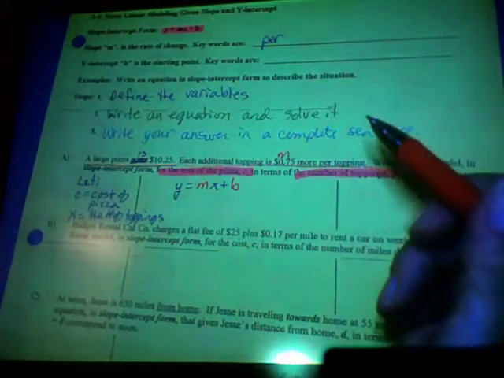Which one of those is a variable? Changes. Yeah. So shouldn't this one represent M or B? This is our M, right? Our 75 cents. And what's B then?